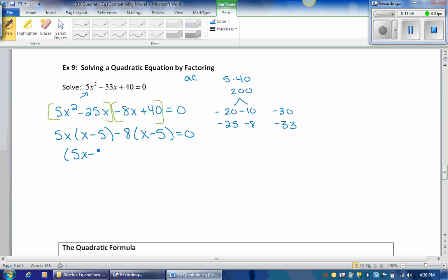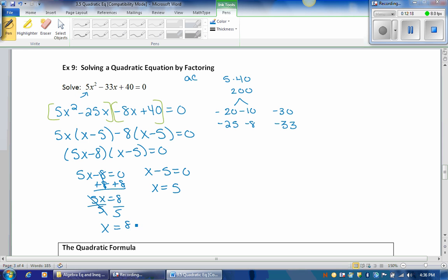What sits out front? What they have in common. Now that it's fully factored, I can use the zero product rule and set each one equal to 0, and go ahead and solve. So I get 8/5 and 5.